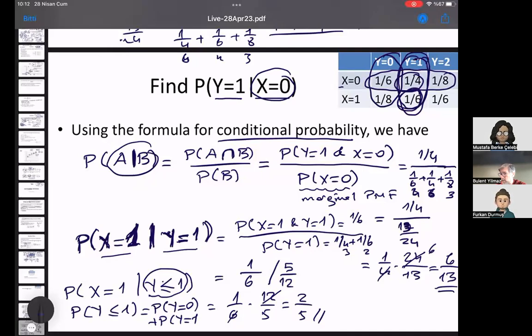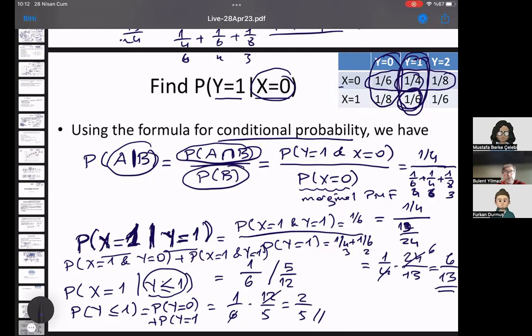So it is always possible, but here also you have to write probability of x equals 1 and y equals 0 plus probability of x equals 1 and y equals 1. So you have to consider both in the upper part and in the lower part, while considering this less than or equal to or greater than or something, okay?